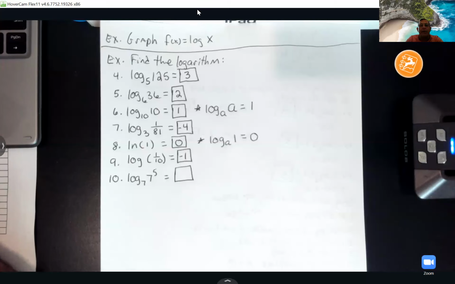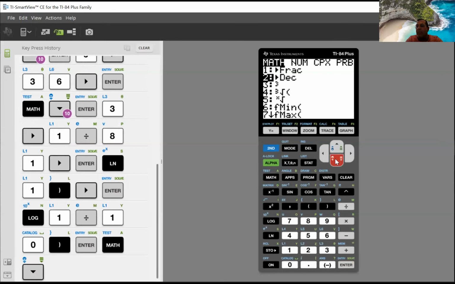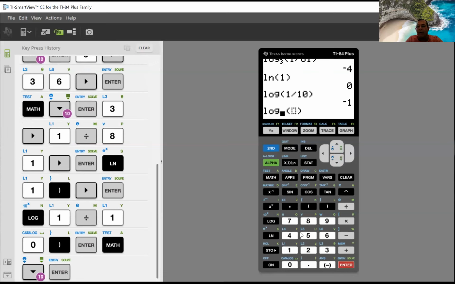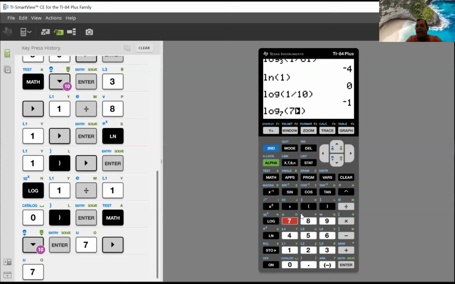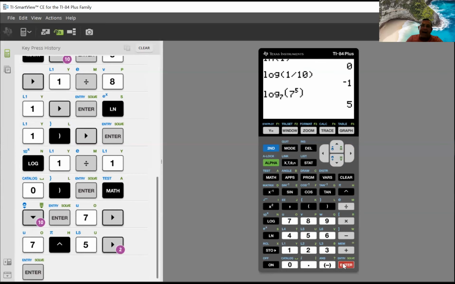And then y'all start seeing a pattern on these. So I'm going to go to math, go down to log base. Because remember, my base on this one is a 7. So I put in my 7. Arrow over to my result. That was a 7 exponent 5. All right, y'all, so watch this. When I hit enter, it's obvious I have to get a 5 out of that.